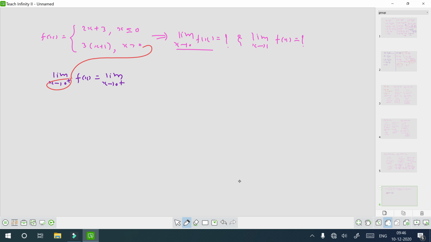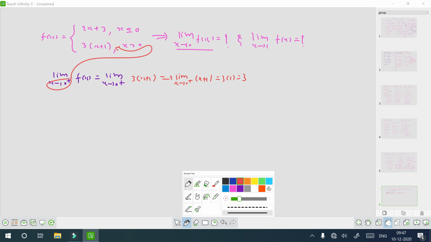Then which part do we have to take? f of x is equal to 3 times (x plus 1). So that is equal to 3 outside, limit x tends to 0 plus of x plus 1, that comes out 3 into 1, that is 3. So the right hand limit is 3.